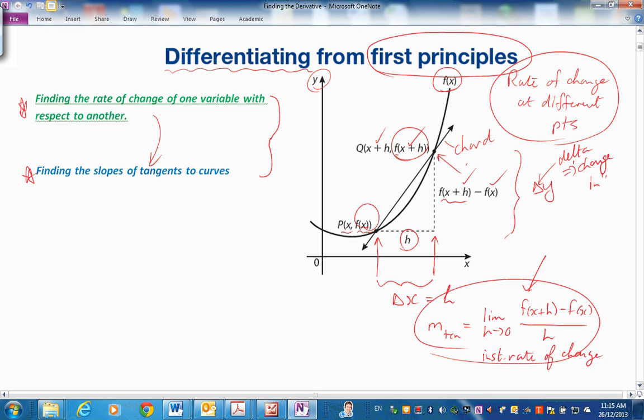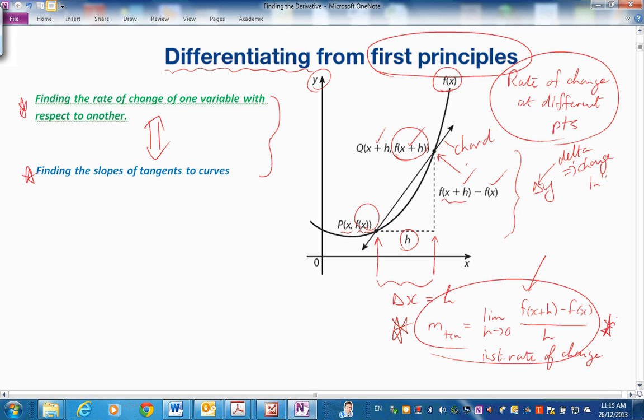These two I want you to see as interactive. One implies the other. Find the rate of change of one variable with respect to another, or find the slope of the tangent, means the same thing. It's down here. Here's our first principles definition.